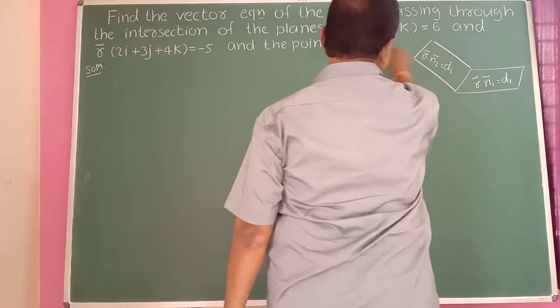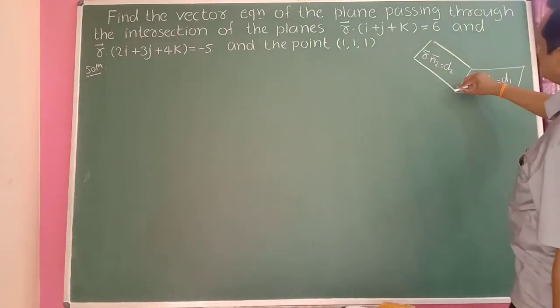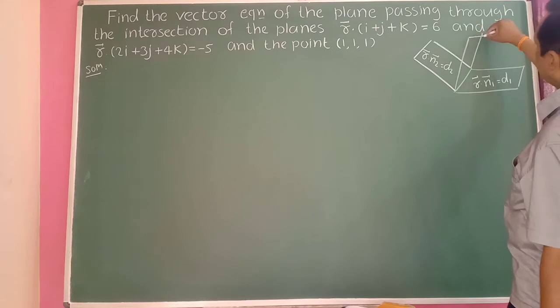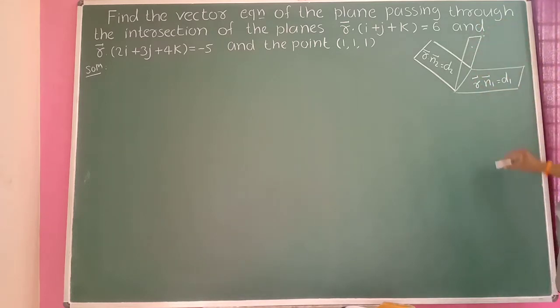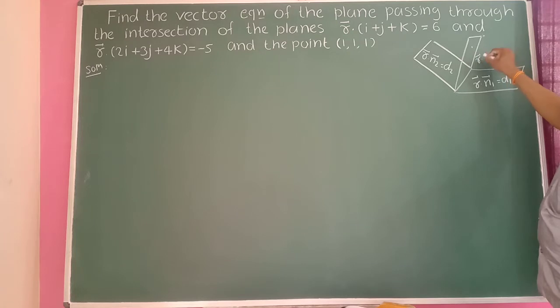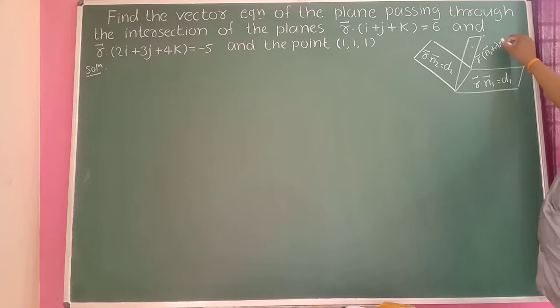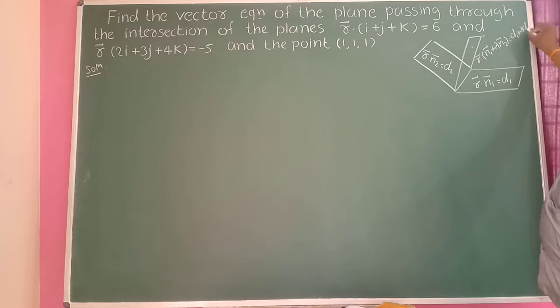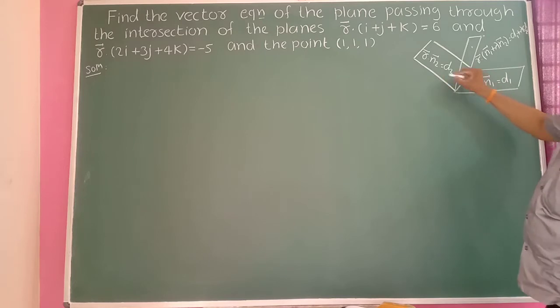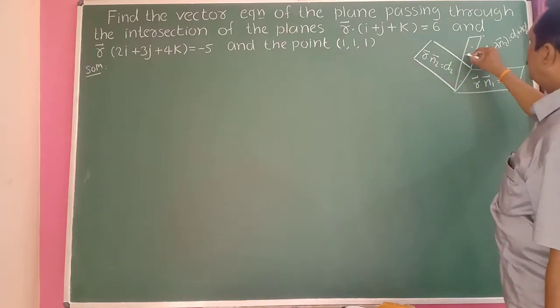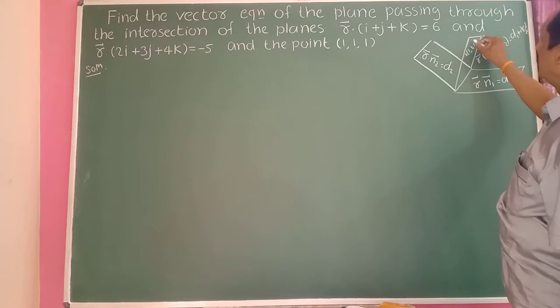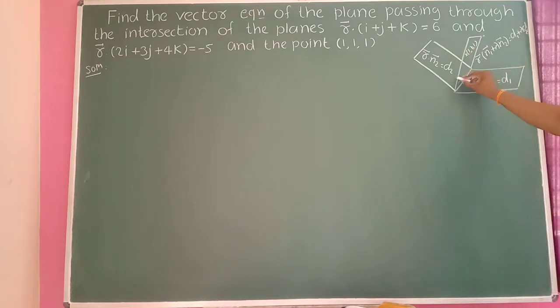Then the third plane is given by r bar dot n1 bar plus lambda into n2 bar is equal to d1 plus lambda into d2, and this plane passes through the point 1, 1, 1. Find the equation of this plane using this formula.